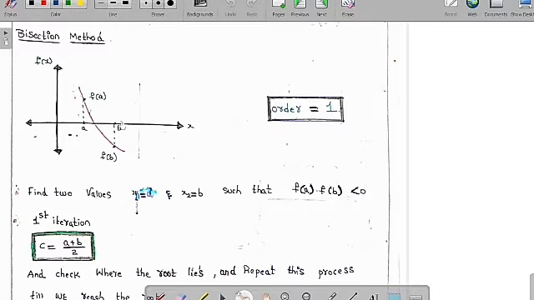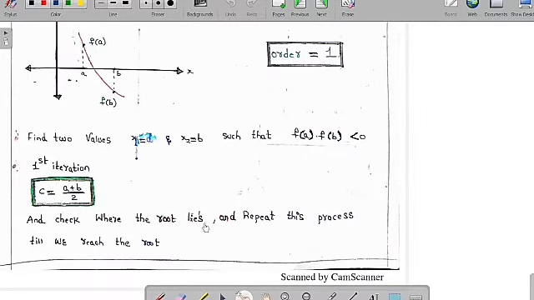Then the first iteration is to take the midpoint of these two points. For a and b, take the midpoint, which is c equal to a plus b by 2. Then cross-check where the root lies, and repeat this process till we reach the root.